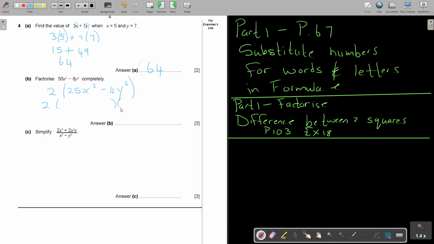I think what you can do is already write it in the answer space to save time. So it's 2 brackets, one having a plus, and the other one, it doesn't matter, you can also say minus, plus. And then it's 5x and 2y, and 5x and 2y. And that is your final answer.